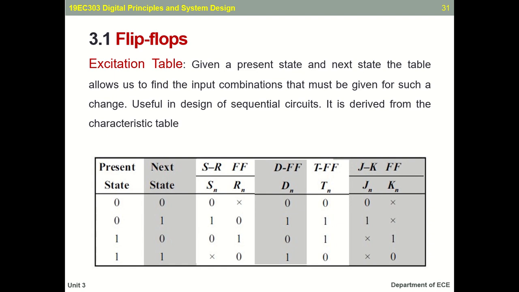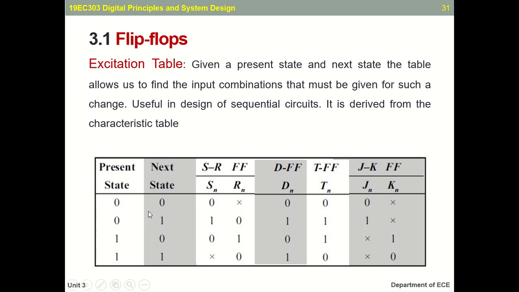Based on that we get the values of S and R for the SR flip-flop, J and K for the JK flip-flop, D for the D flip-flop, and T for the T flip-flop.